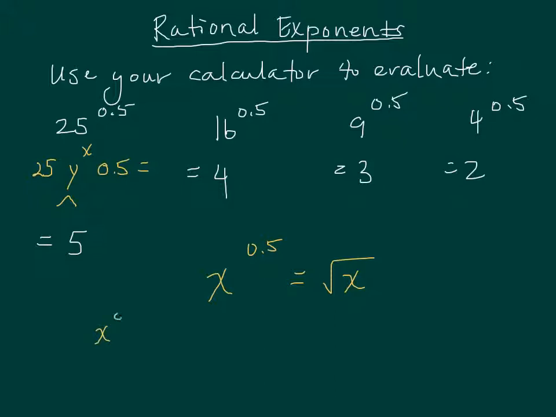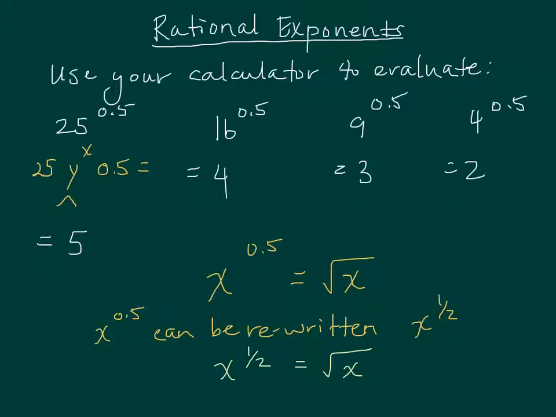Something else I want you to see is that x to the 0.5 can be rewritten using a fractional exponent, so using x to the 1/2. Furthermore, if we want to connect that x to the 1/2 to the square root of x, I want you to think back to the vocabulary that we used a couple of days ago when we did radicals.